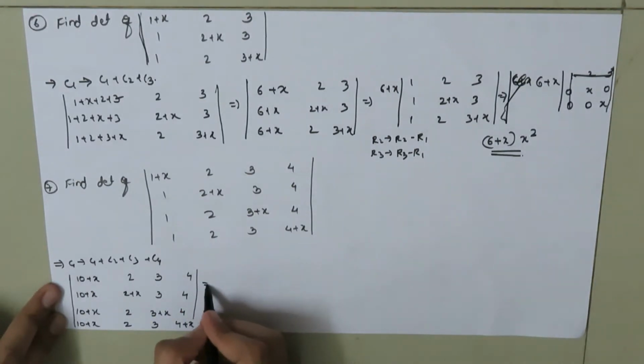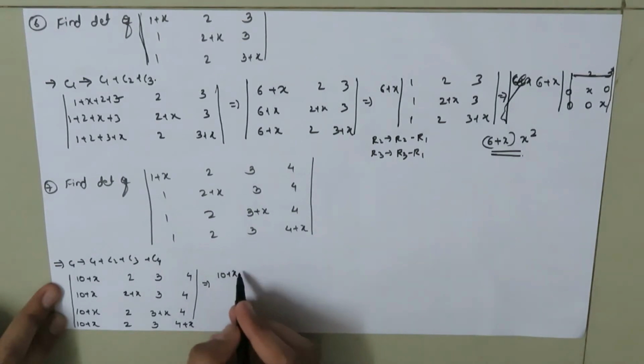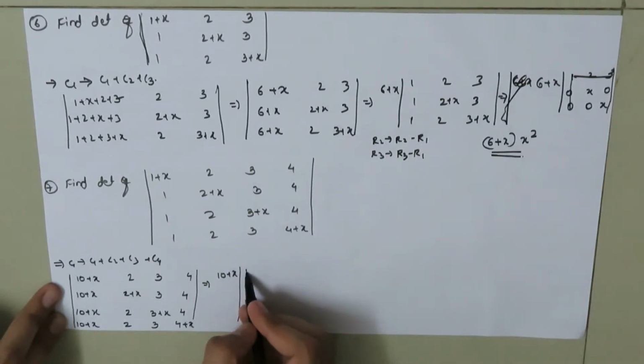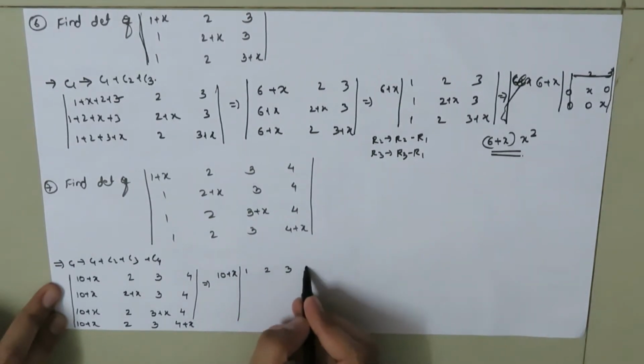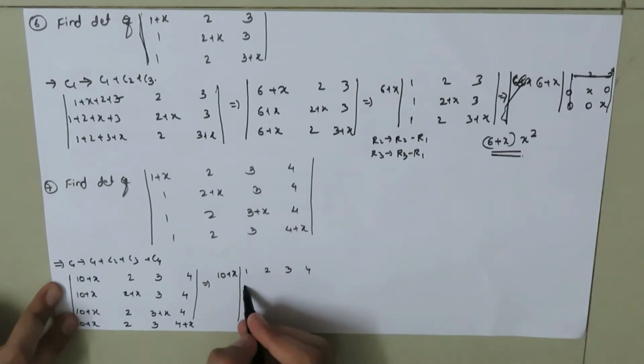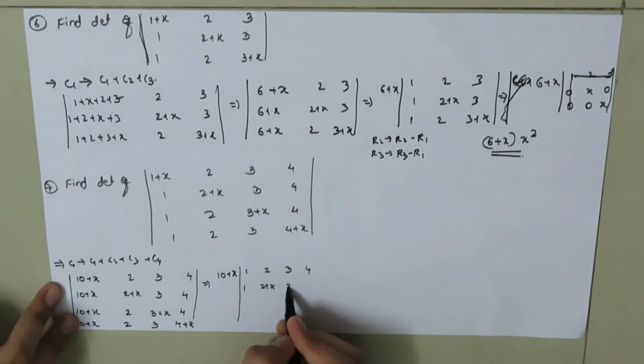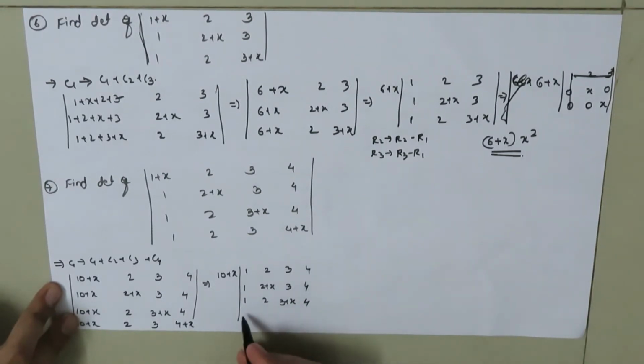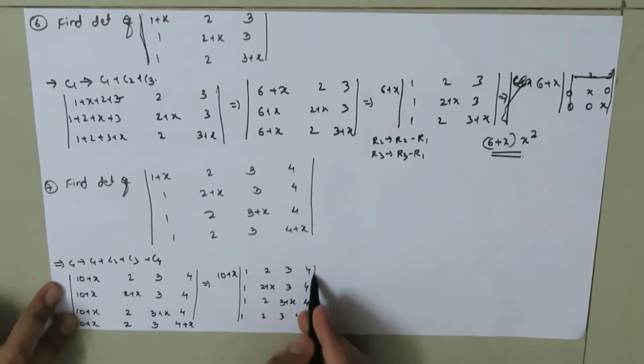Now I can take 10 plus x outside the determinant and write 1, 2, 3, 4; 1, 2 plus x, 3, 4; 1, 2, 3 plus x, 4; 1, 2, 3, 4 plus x.